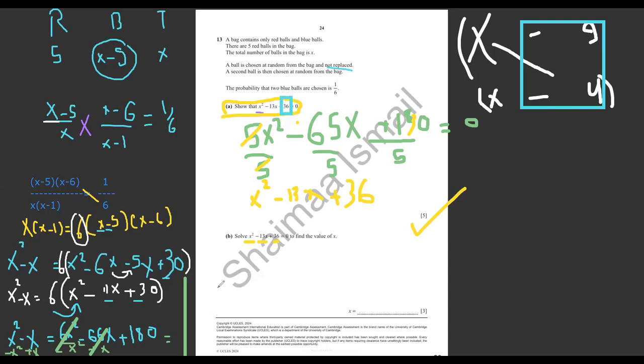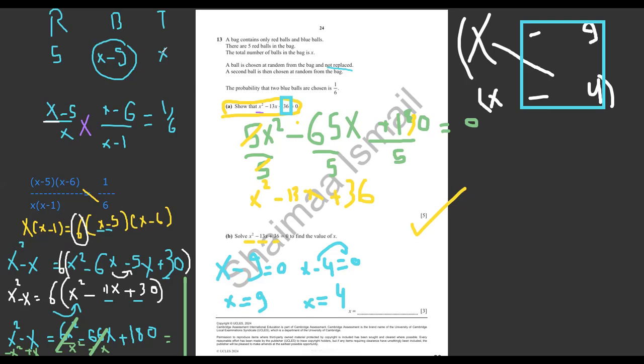So the final answer here: x minus 9 equal to 0 and x minus 4 equal to 0. So now x equal to 4 by moving here, and x equal to 9, and we did. But there is one we have to reject, you see. Why?